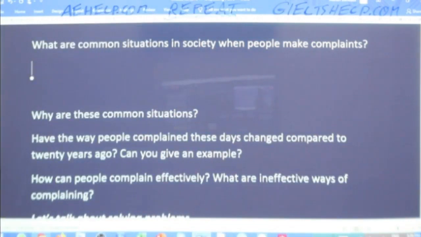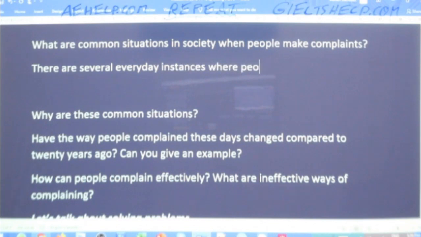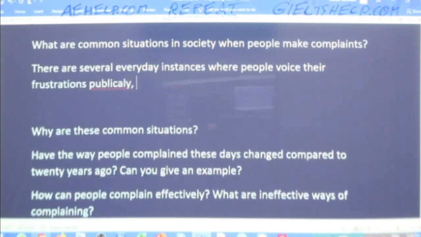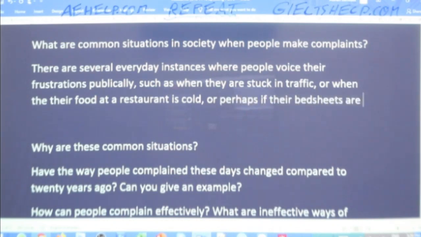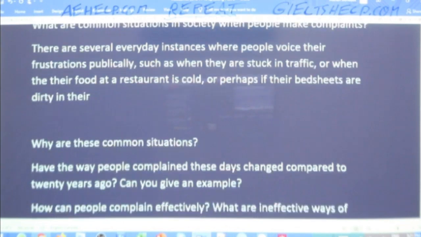Okay, so there are several everyday instances where people voice their frustrations publicly, such as when they are stuck in traffic or when their food at a restaurant is cold, or perhaps if their bed sheets are dirty in their hotel rooms.